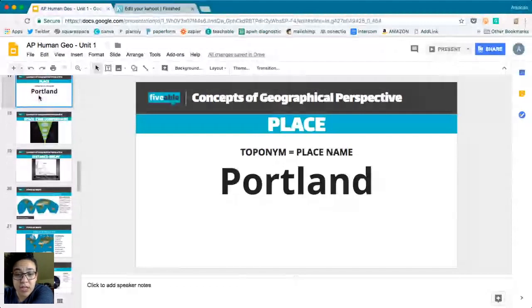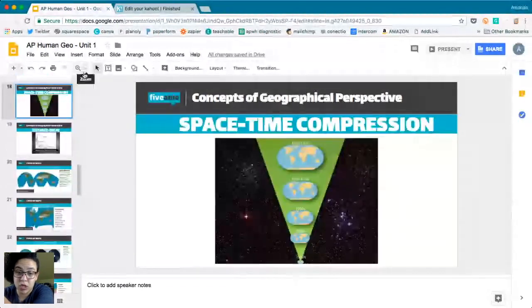The amount of time it takes you to travel around the world today is way less than it used to be. So over time, we have essentially compressed how much time it takes to get from place to place. And that is something that geographers study, how long it takes. Because that affects things. It affects things like migration, for example, right? We're going to have more migrations the easier it is to travel.